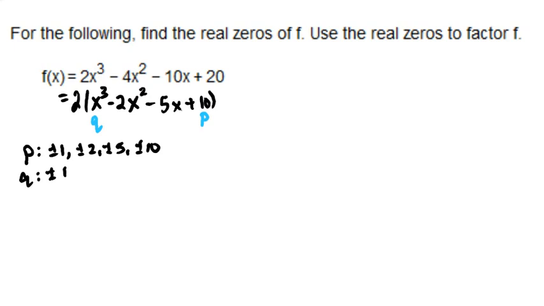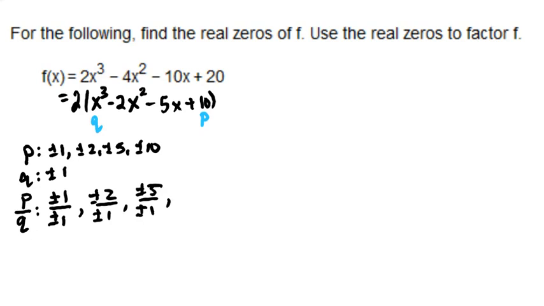So this leads me to say that the potential rational zeros of this polynomial function are going to be p over q. So I'll take each p and put it over q, plus and minus 1 over plus and minus 1, plus and minus 2 over plus and minus 1, plus and minus 5 over plus and minus 1, and plus and minus 10 over plus and minus 1.